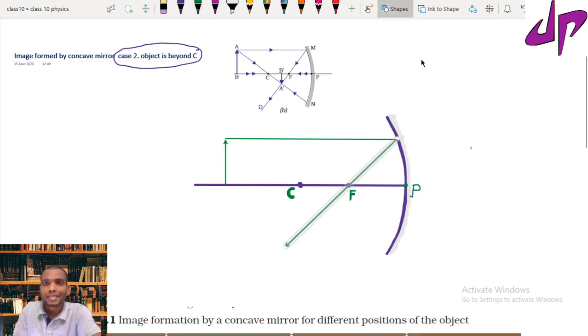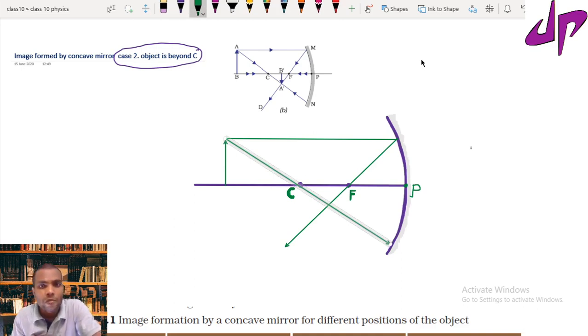Now here I am using the second rule. The second rule is a ray which passes through the center of curvature reflects back into the same path. It means it does not deviate.